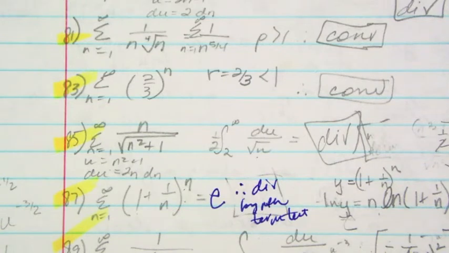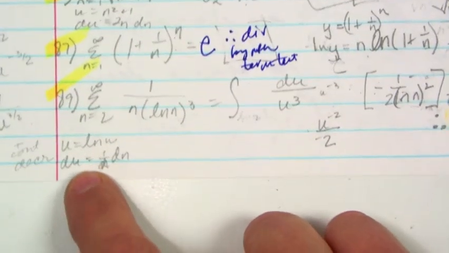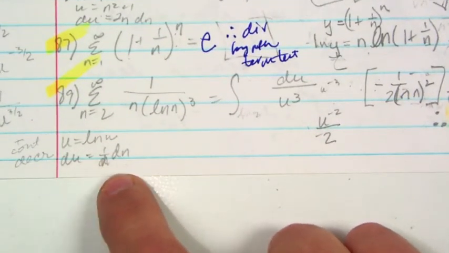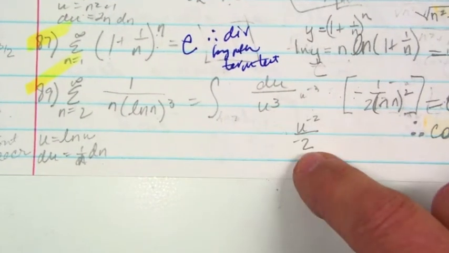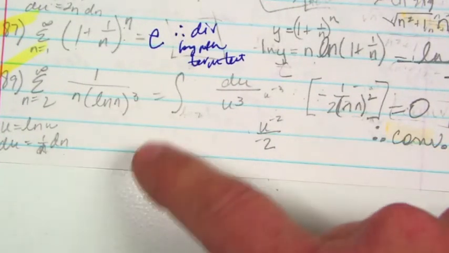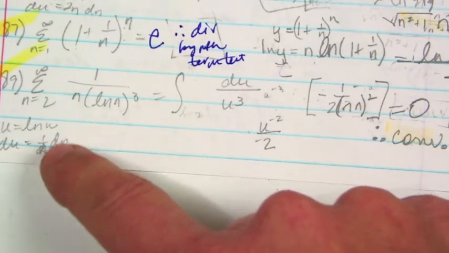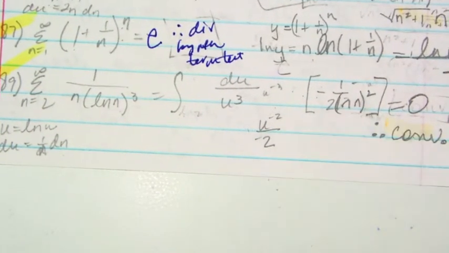All right. On 89, why does it end up being 0? Because I let u be ln n, and then my du was 1 over n, so that gave me this. And then I integrated it to give me u to the negative 2 over negative 2. But instead of changing my limits of integration, because it was ln, I just put it back in as ln.